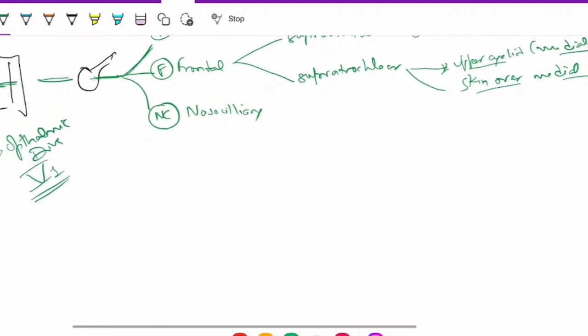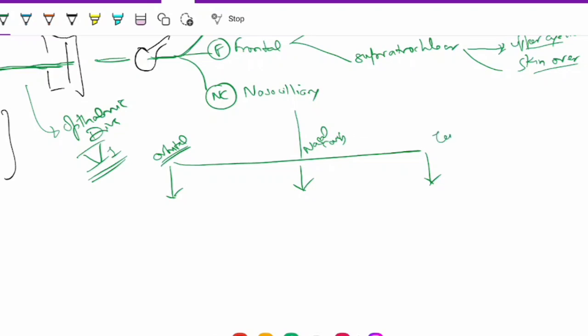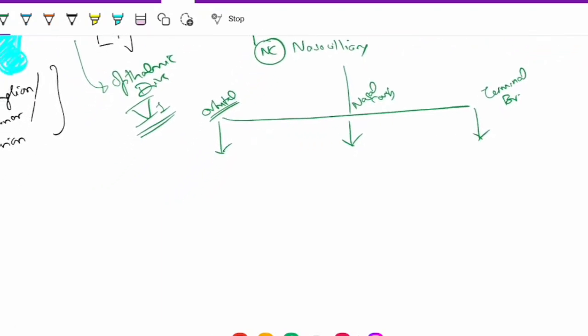For the sake of convenience, we are going to study its branches at three levels: orbital branches, then nasal cavity branches, and terminal branches. It is going to be very complicated if I take all the branches together, so I have divided them for ease into three parts.